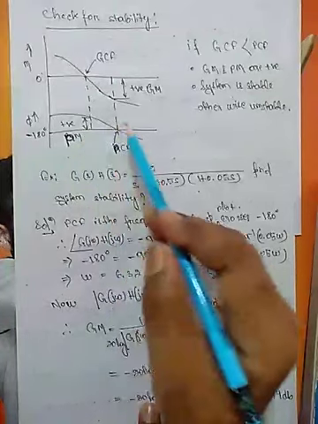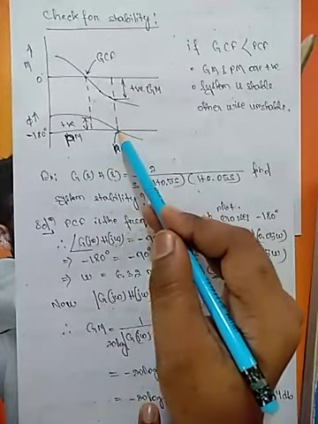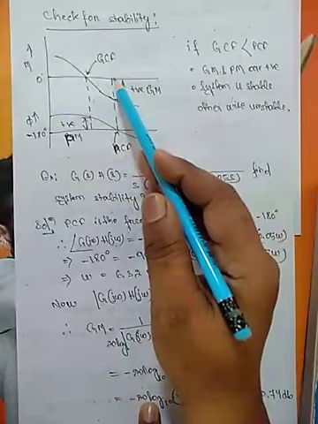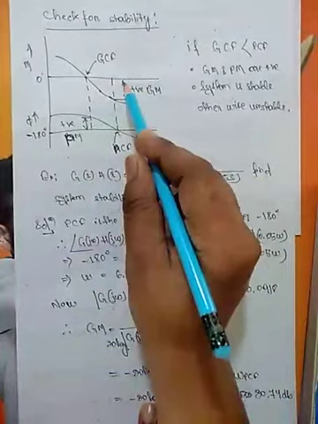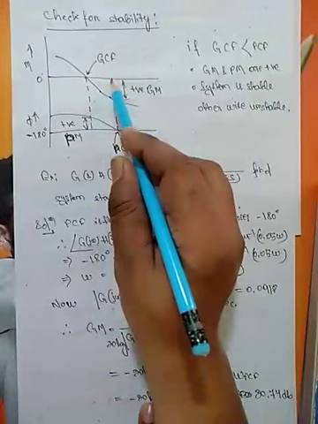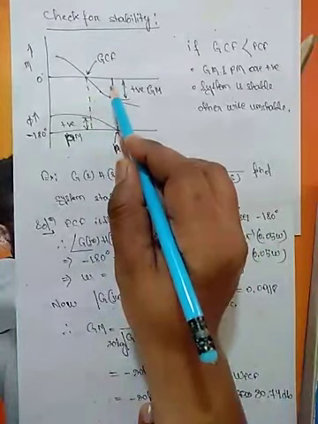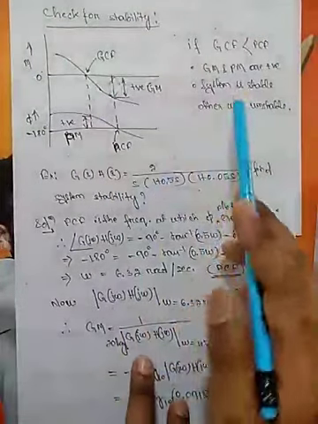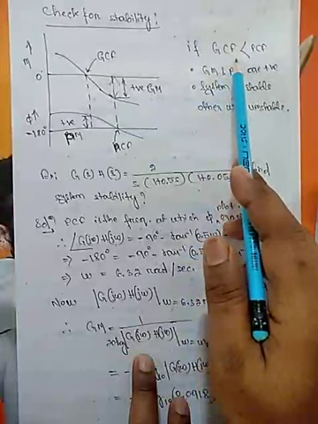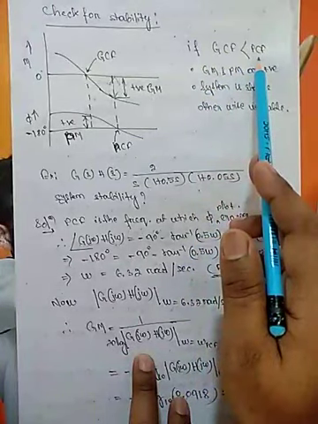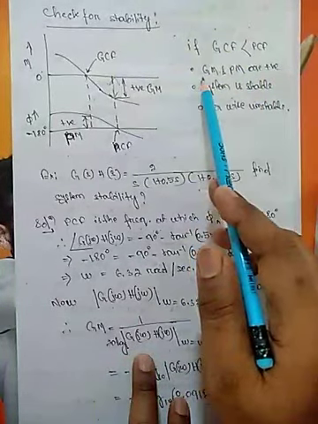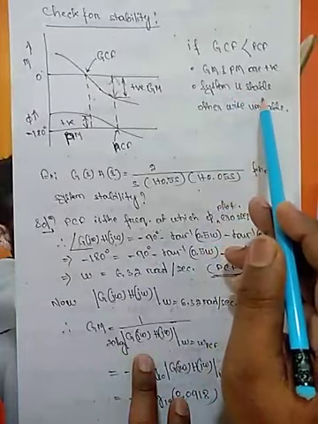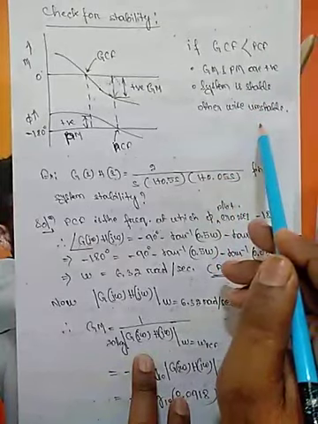Similarly, if you draw a perpendicular line from the phase crossover frequency to the magnitude plot, then this range is called the gain margin. If the gain crossover frequency is less than the phase crossover frequency, then gain margin and phase margin are both positive and the system is called stable, otherwise it is unstable.